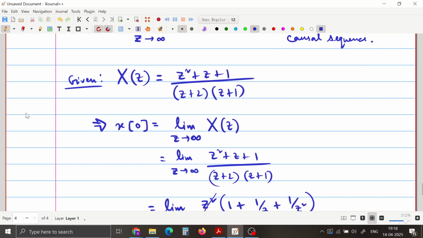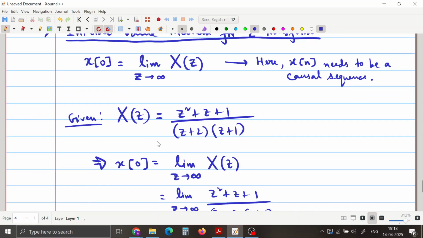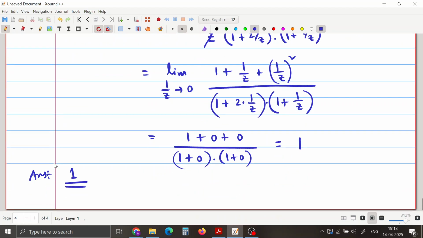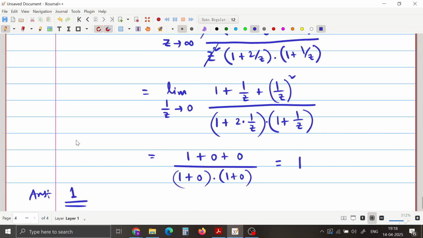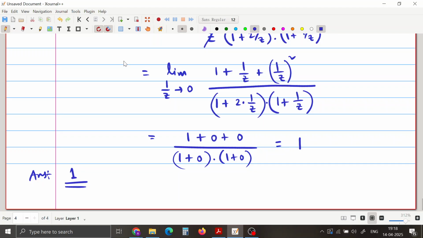Given this criterion of causal sequence, you can find the explicit form of x of n, either using inverse Z transform, or you can use some properties that we have looked at so far, to go from x of z to x of n. Then you evaluate that x of n at n equals 0 and verify whether you are getting 1 or not as the answer. So that's an exercise.